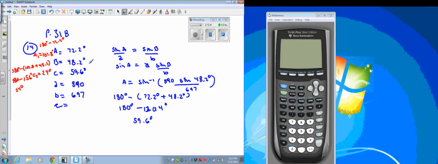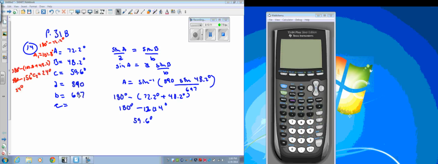So the two triangles that we could have: a triangle of 72.2, 48.2, and 59.6, or a triangle of 107.8, 48.2, and 24 degrees. But we still need to keep our side. The side C is not going to change between this triangle and this one.